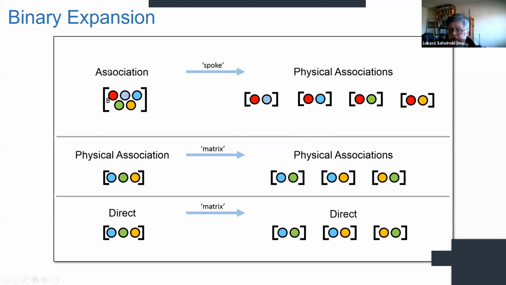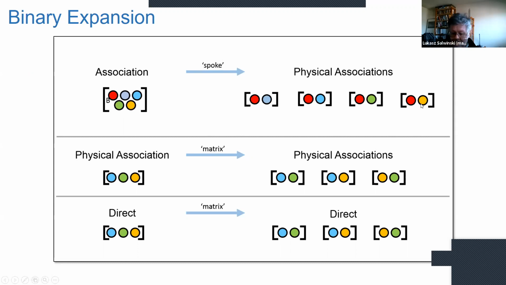For associations, the way it's done is according to the so-called spoke model. What it means is interaction between one bait protein and several preys is converted into a series of physical associations between bait and each individual prey.